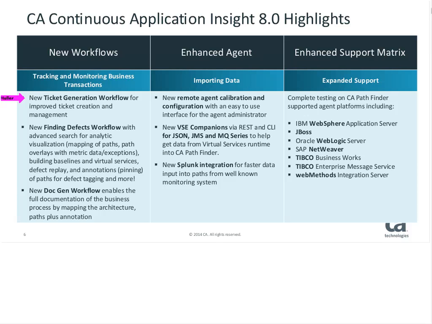And the last thing, which is always happening, is the expanded support matrix. As you know, every time WebSphere, WebLogic, JBoss, TIBCO, those guys update their applications and add new functionality, we go back and certify with the Pathfinder agents and the CAI agents, and ask, how can we make sure that we get the full data, we understand their SOAP stacks, we understand their REST stacks, and all those things.